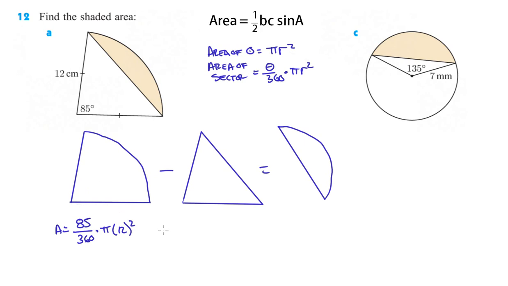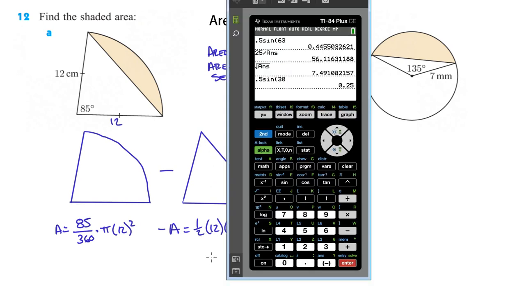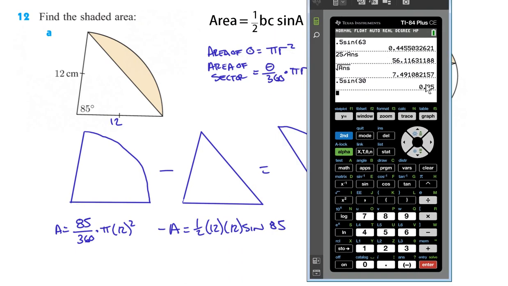Okay, and then we're going to subtract the area of this triangle here, which is 1/2 b times c. These are both 12, so 1/2 of 12 times 12 times sine of 85. Okay, so we're going to want to calculate both of those, subtract them from each other, and we're in business.